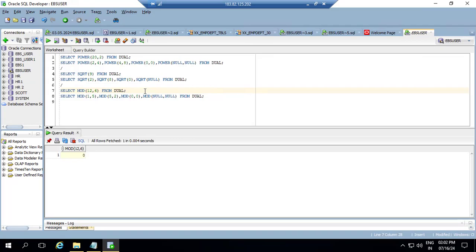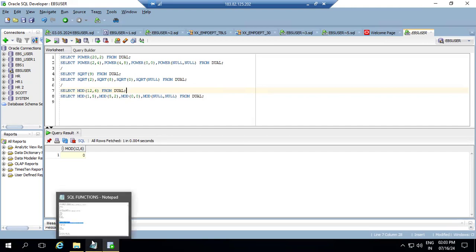Any doubt in this MOD function? According to the syntax, whatever you mention first will become the value, or we can say the number, and the second one is the divisor. According to that, it is calculating and giving you this. So MOD returns the remainder value of the specified number and the divisor.